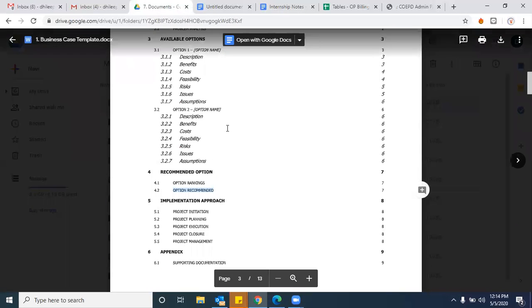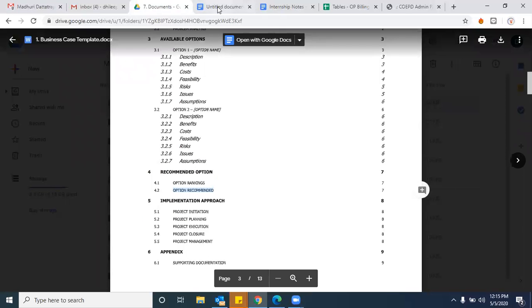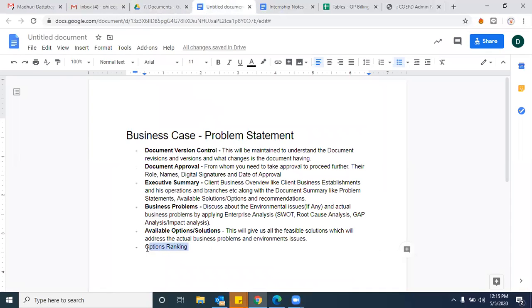Okay, so let us write the available options. Already I wrote it. Now, options ranking. Sorry, recommended option or solution.